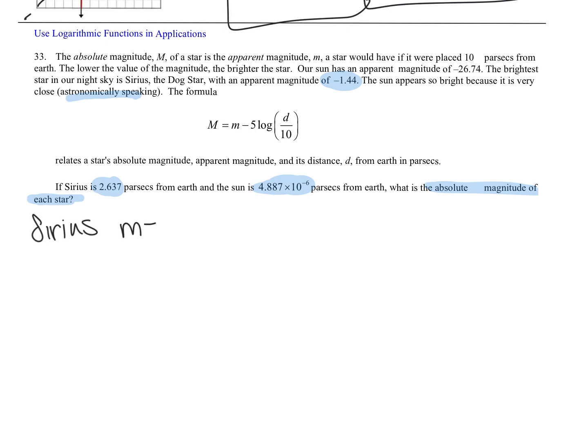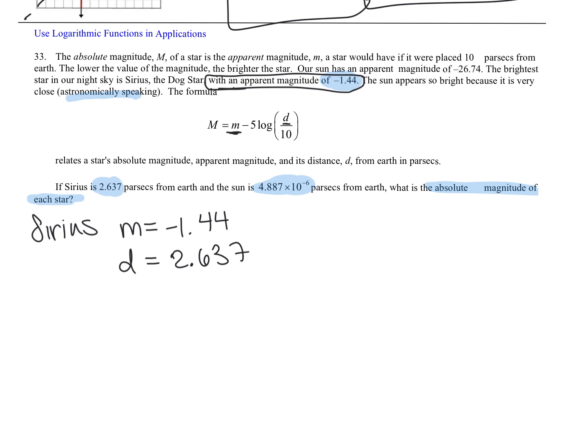And we've got the apparent magnitude, negative 1.44, which in our formula is right there. And then they also give us the distance, which is 2.637, and that's going to go right here in our formula.